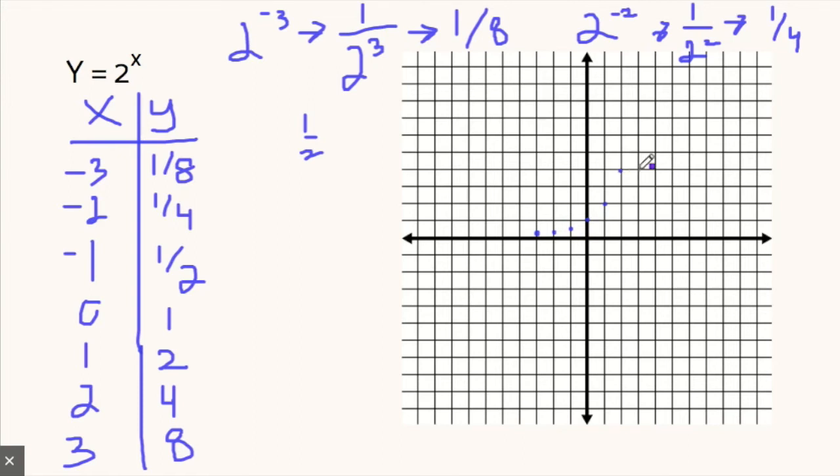And 3 is going to be 8. And if you connect those points, our graph is going to look like this. And that's how you graph these exponential functions using a table.